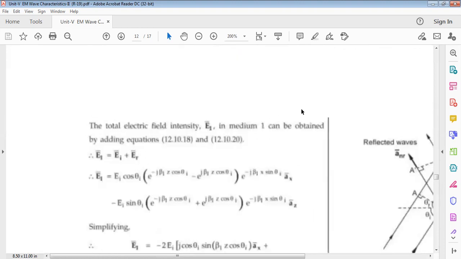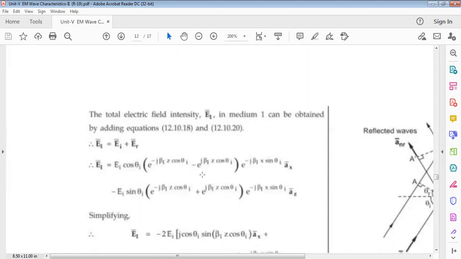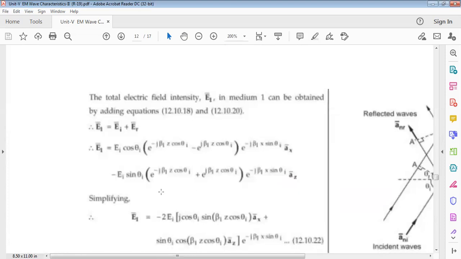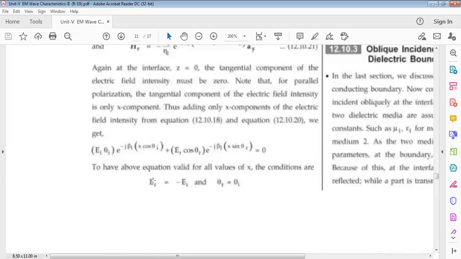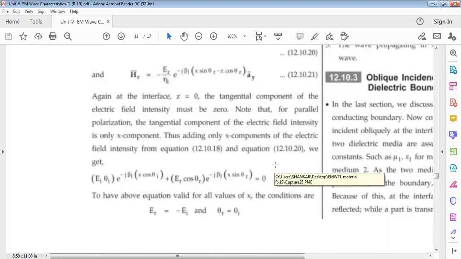Now the total electric field intensity E1 bar in medium one can be obtained by adding the two functions. E1 bar is equal to EI bar plus ER bar. Whatever the expression we got, we add the two functions by changing what we have here: ER is equal to minus EI, and theta r is equal to theta.